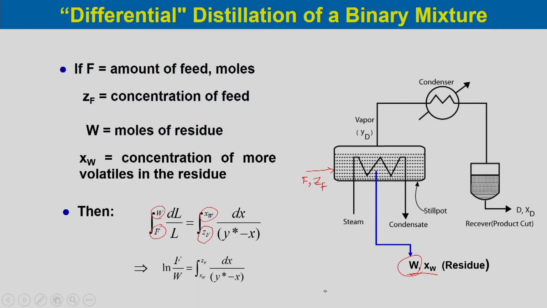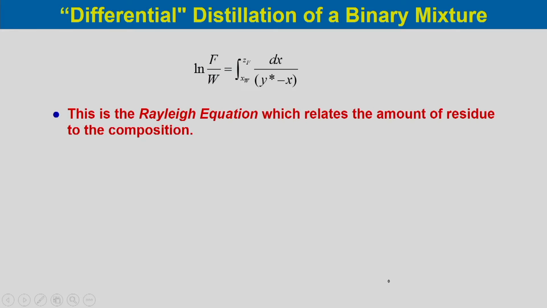Now, if we integrate this, we will obtain ln(F by W) would be equal to integral xW to zF dx by (y star minus x). This equation is famous and is known as the Rayleigh equation, which relates the amount of residue to the composition.